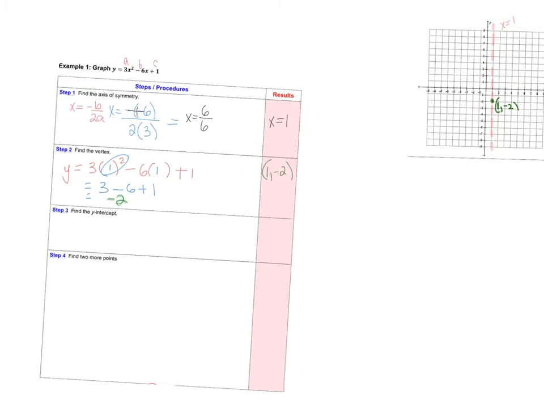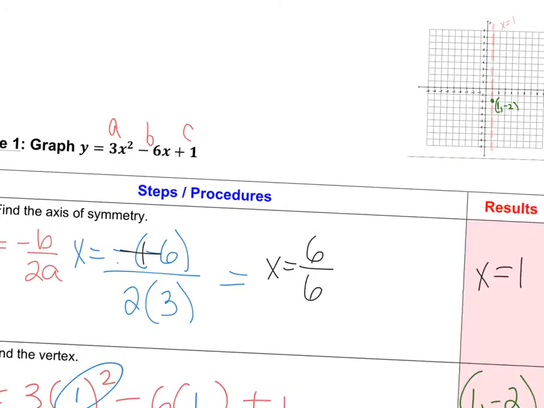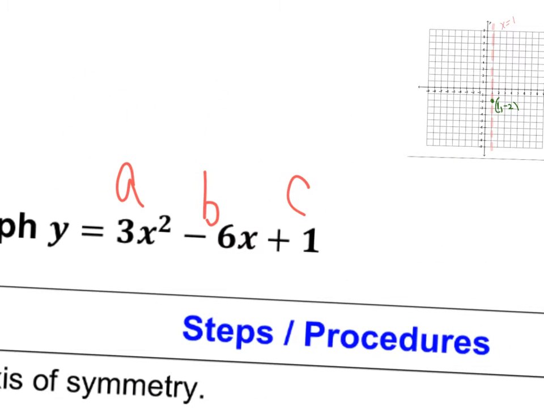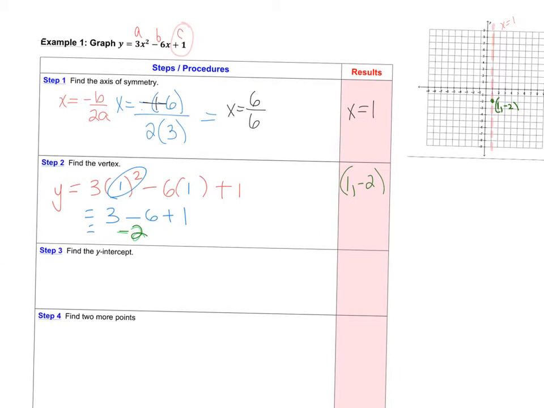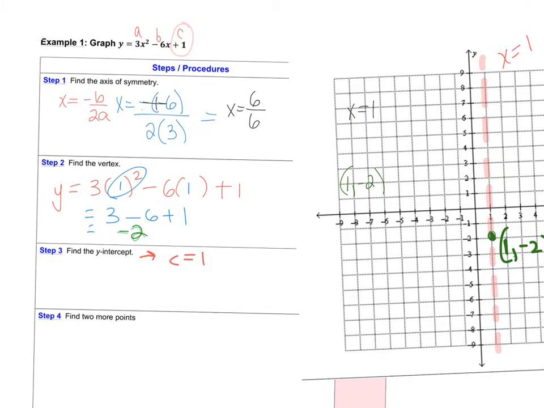Cool. Now we need to find the y-intercept. Well, the y-intercept is c. Remember that c is the y-intercept, so in this case, c is equal to 1. So that means I'm going to cross at 1 on the y-axis.